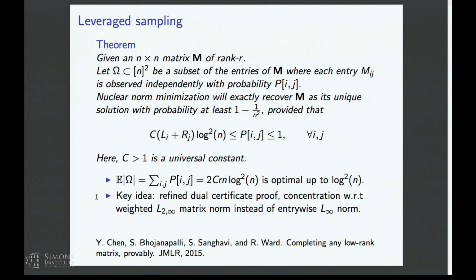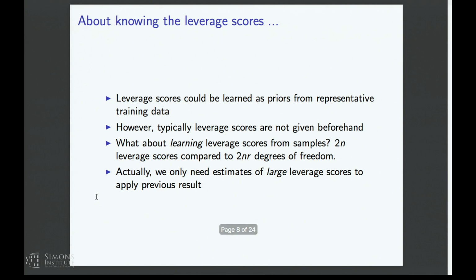So just more refined concentration bounds on a norm that's tied more closely to the spectral norm of the matrix. So this is still several years old. I guess it's been more than 3 years.